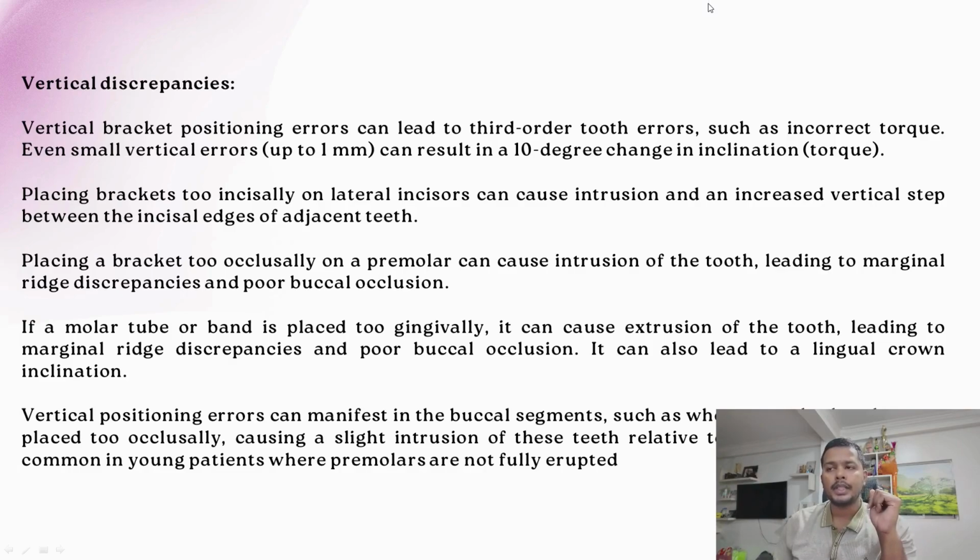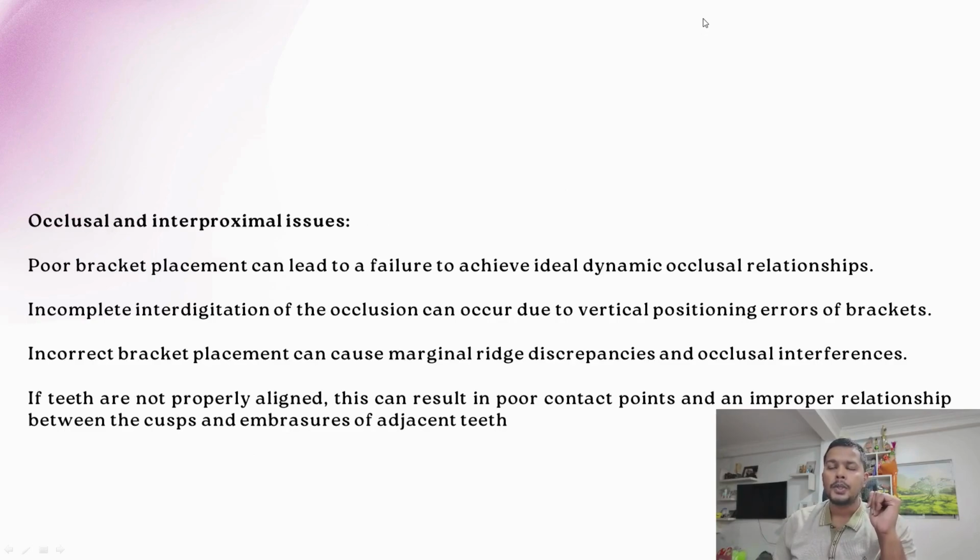Vertical positioning errors can manifest in the buccal segment, such as when premolar brackets are placed too occlusally, causing a slight intrusion of these teeth relative to the adjacent teeth. This is common in young patients where premolars are not fully developed. So, occlusal and interproximal issues.